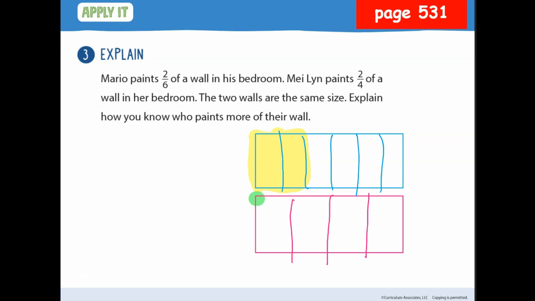And then 2/4 is this one. Then it says the two walls are the same size, which the rectangles are. Explain how you know who paints more of the wall. One is filled in more than the other. Yes. One model is filled in more than the other. You're right. So who actually painted more of the wall, Maylin or Mario? Maylin did.